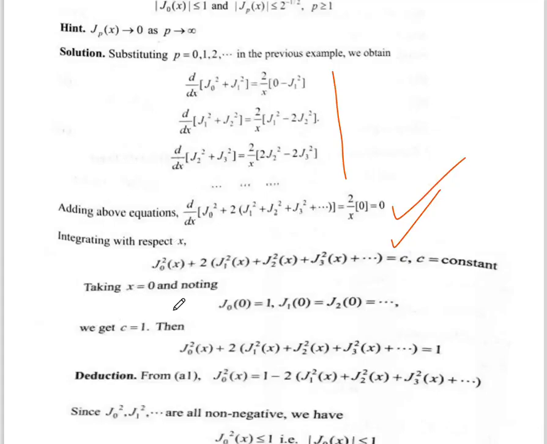So taking x equal to 0, we will get J0 of 0 equal to 1, J1 of 0 and J2 of 0 and so on equal to 0. So we get c equal to 1. So putting c equal to 1 in this equation, we will get the required result, that is J0 square of x plus 2 J1 square of x plus 2 J2 square of x plus J3 square of x and so on equal to 1.